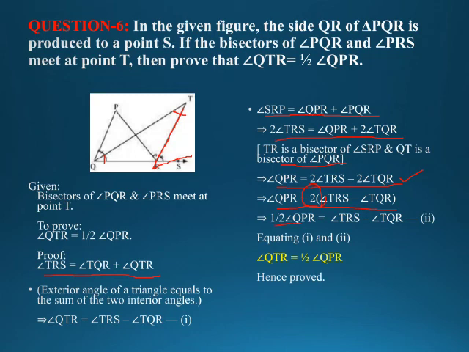So half of angle QPR equals angle TRS minus TQR. We can take this as the second equation. From equation 1 and 2, we can write angle QTR equals half of QPR. Hence, we have proved that angle QTR equals half of angle QPR.